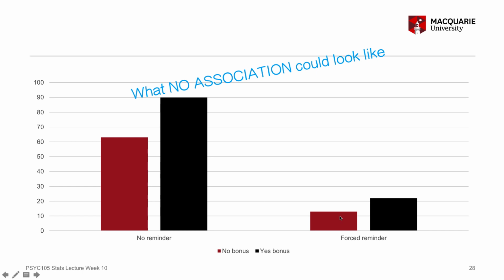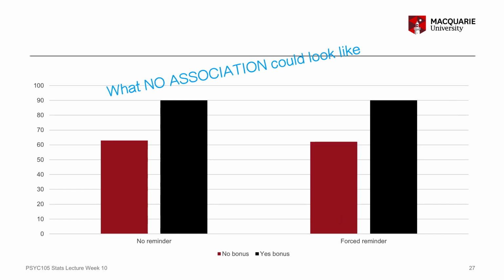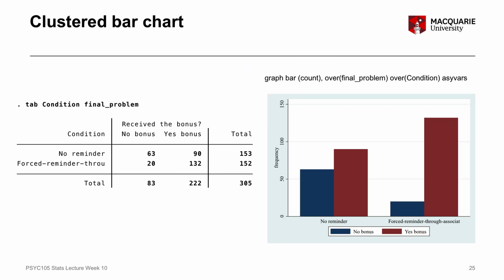So if you compare both this graph and that graph with the graph on slide 25, you can get more of a sense of how this is showing us that it looks like there is an association between the two variables, because the pattern of red versus blue bars is quite different between the two categories of our independent variable, between the no reminder and the forced reminder through association groups.